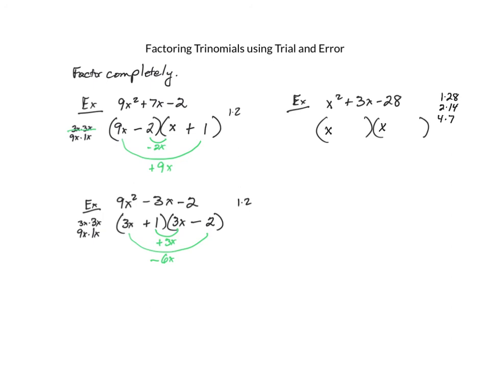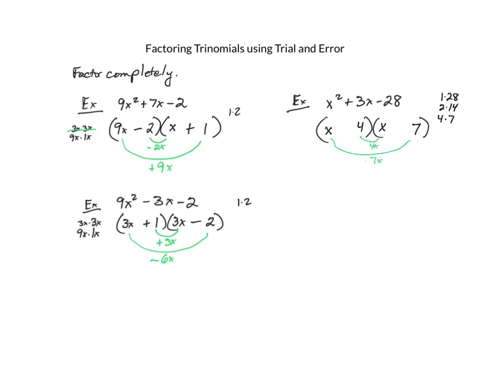And with practice, you start to identify the numbers that seem like they'll work, and you don't necessarily have to write the list as I did. Do you see that 4 and 7 look good for getting that 3 in the middle? If I put a 4 here and a 7 here, notice on the outside, you'll have a 7x, and on the inside, we'll have a 4x.